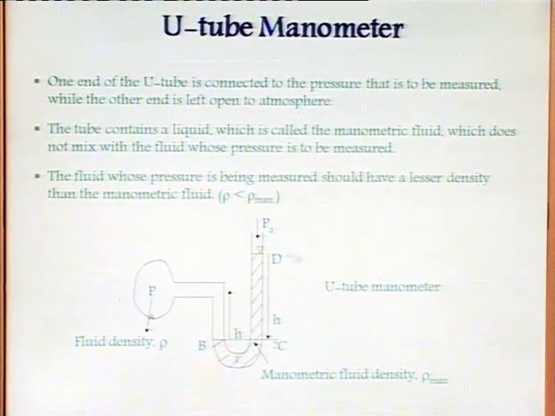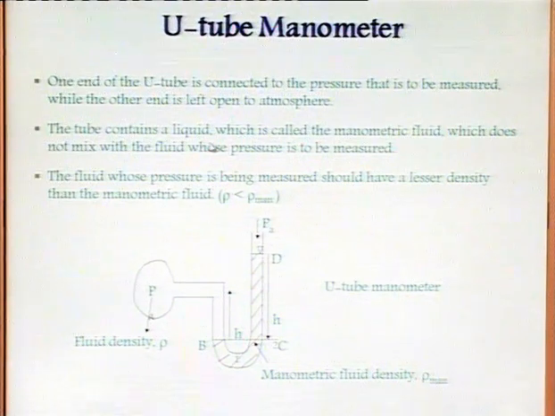One end of the U-tube is connected to the pressure that is to be measured, and the other end is left open. This end is open to the air, so the pressure exerted here is atmospheric pressure.